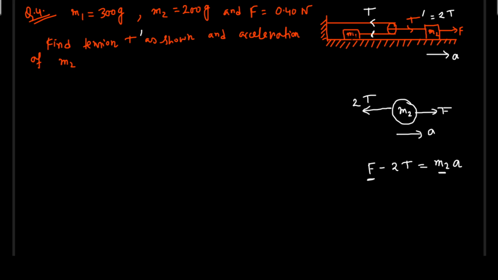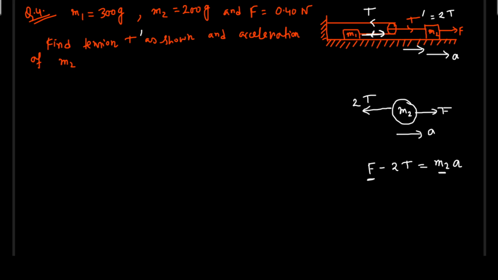What will be its acceleration? When m2 moves along this forward direction, the string will be moving along the forward direction, so the mass m1 will be moving along this direction.